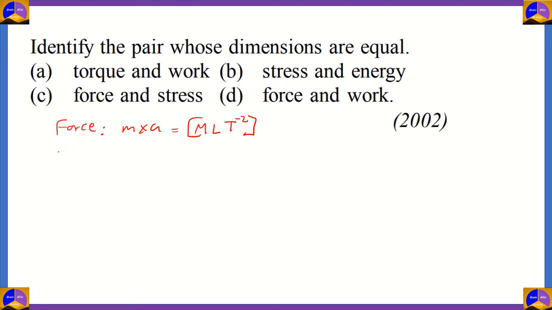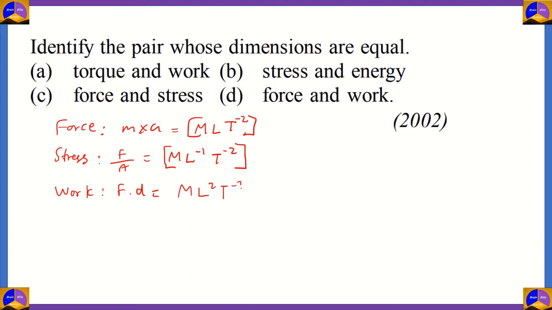If you take the dimensional formula for stress, then stress is basically force divided by area. So that means you get ML raised to minus 1 T raised to minus 2 as the dimensional formula for stress. Now what about work? Work is basically force times displacement. So MLT power minus 2 times L, so that is ML square T power minus 2.